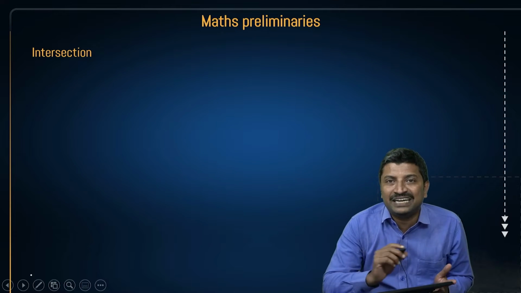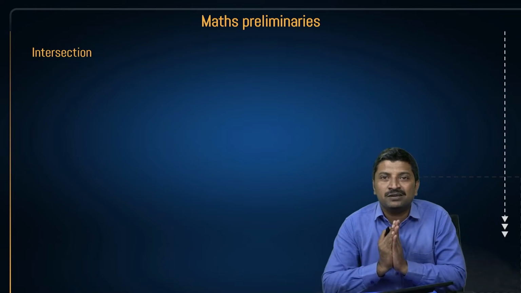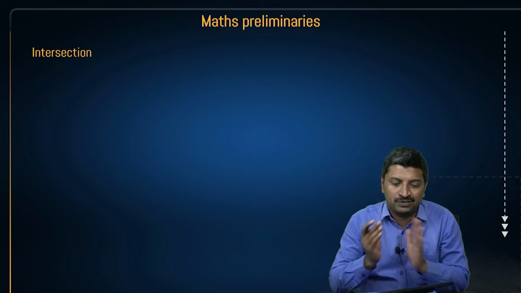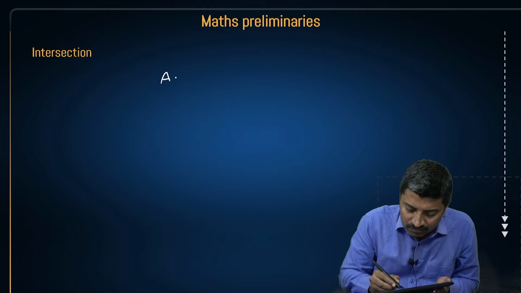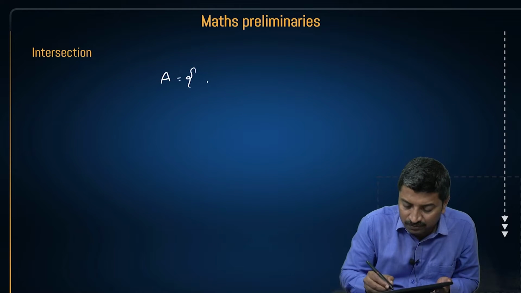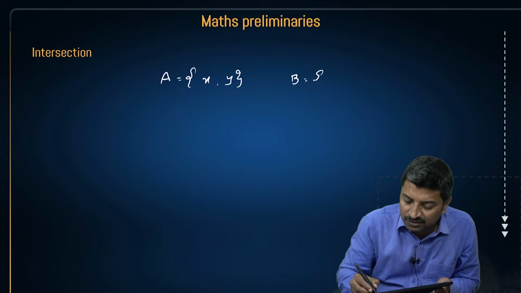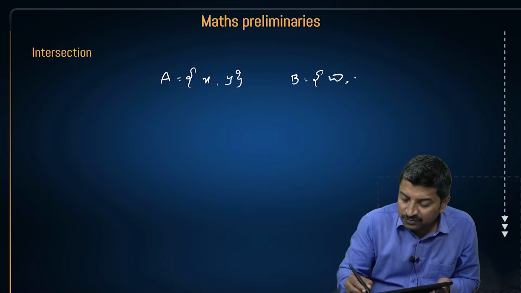The next one is intersection. What is intersection, sir? The set of all common elements which belong to both given sets. Suppose I have A equal to x, y and B equal to w, x, z.